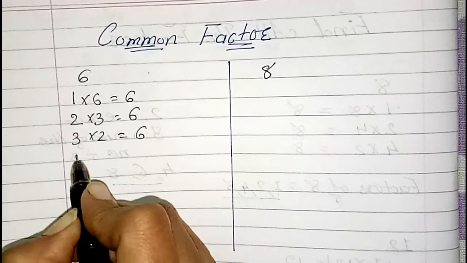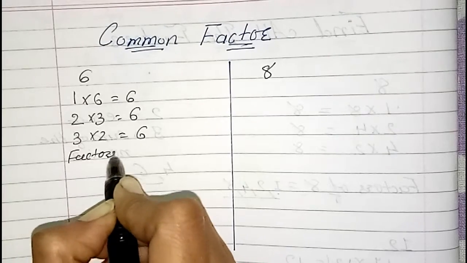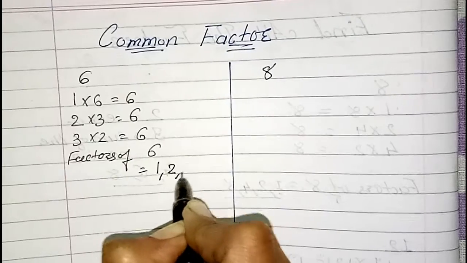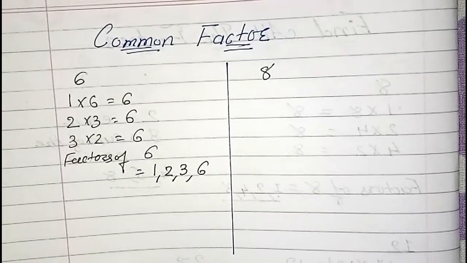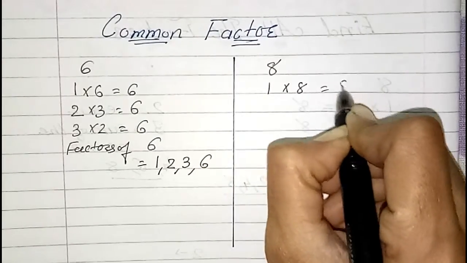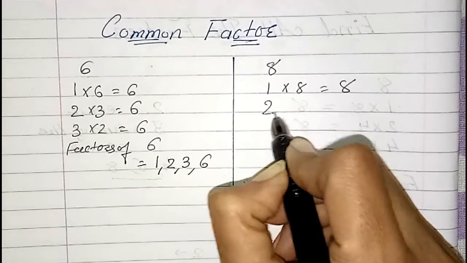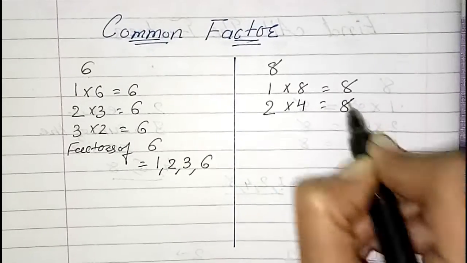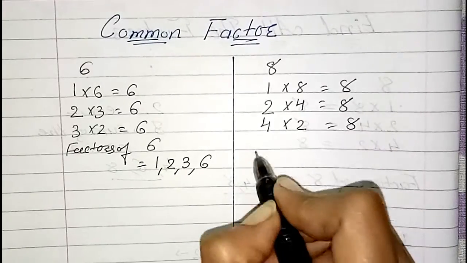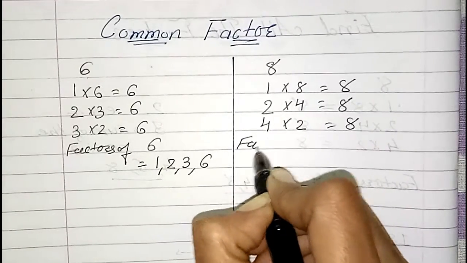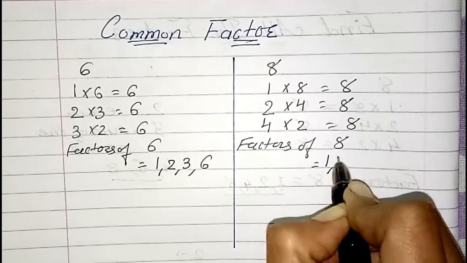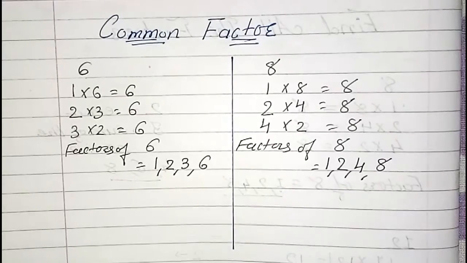Repeated, so factors of 6 are 1, 2, 3 and 6. Now let's find the factors of 8. First 1 8s are 8, 2, yes, 2 4s are 8 and 4 2s are 8. Repeated, so we stop. Write the factors of 8: 1, 2, 4 and 8.